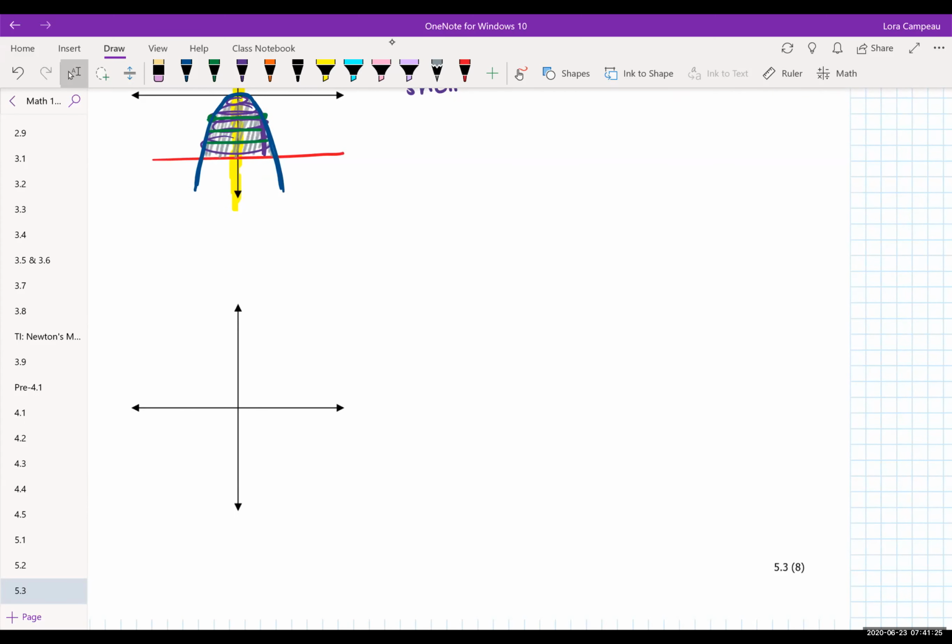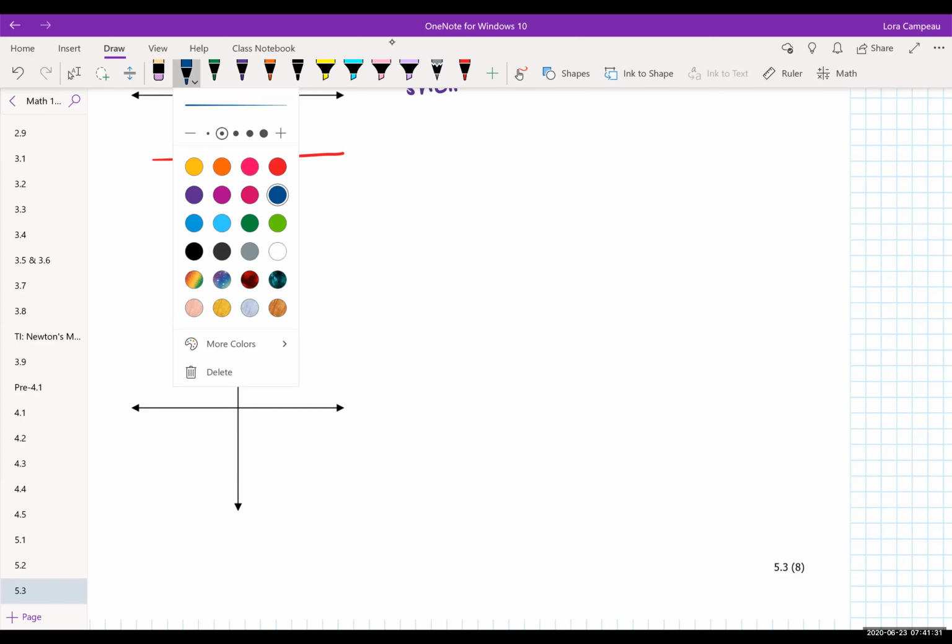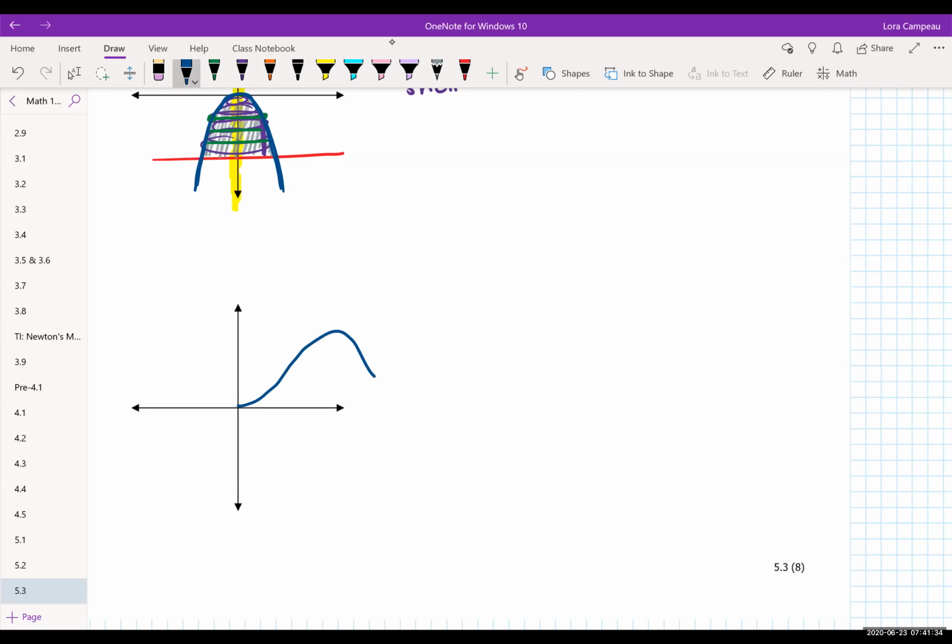And again, we can change our minds. Let's say we take a reasonable function, something like this, and we wanted to rotate it about a line right here. That's an x value.